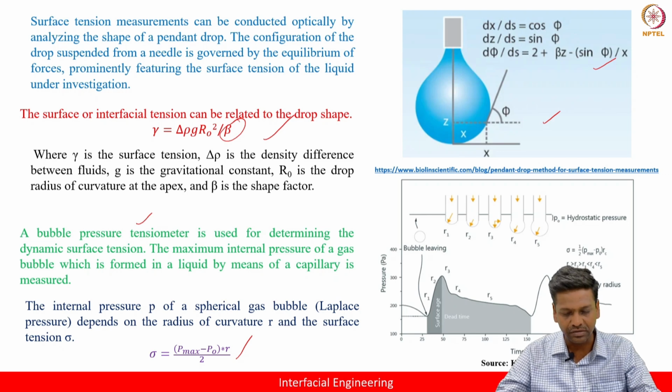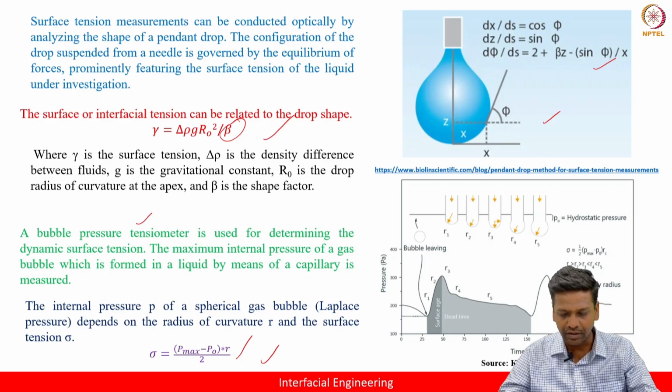This device helps us perform dynamic surface tension measurements. Okay, so by calculating the maximum internal pressure of a gas bubble, we can calculate the surface tension using this relation. Okay, all right.